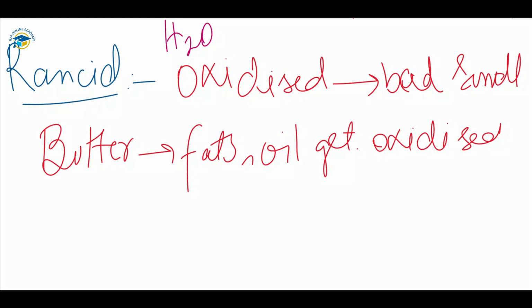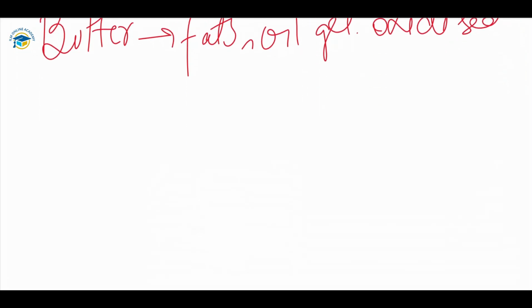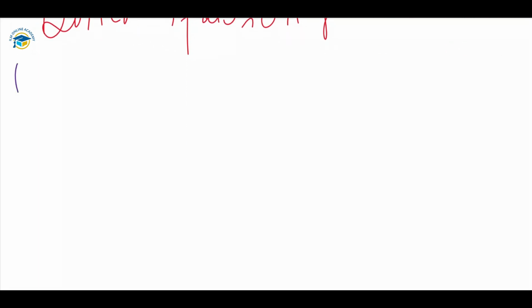Now moving towards the next topic, we have oxidizing agents and reducing agents. After that, we will discuss in detail the redox reactions related to electron loss and gain. First we'll talk about the oxidizing agents.